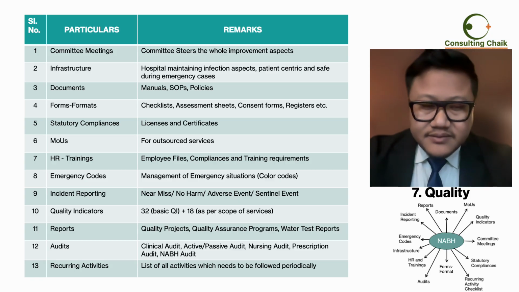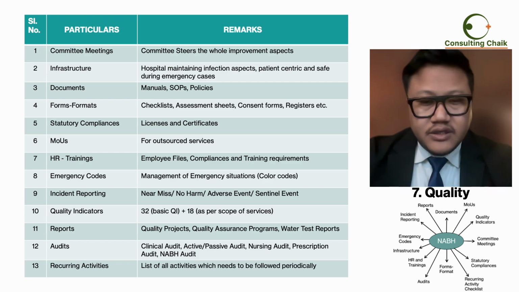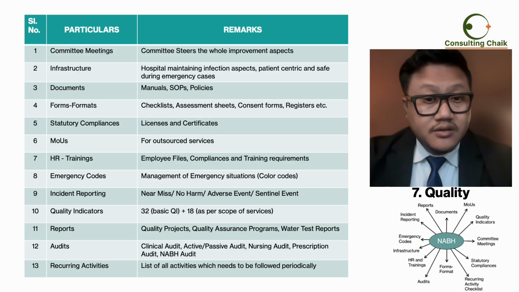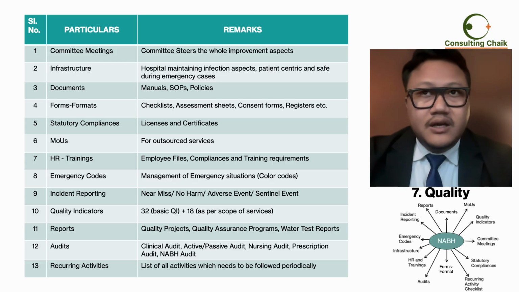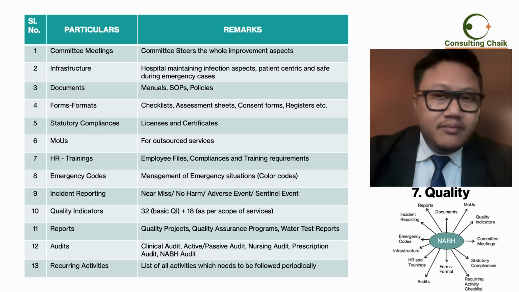Statutory compliances, your licenses, certificates, are part of quality, and MOUs. Quality says that you need to have an MOU for everything that you are outsourcing. So if there are any litigations, problems or disagreements, you should always have a written document which you can fall back on and refer to.